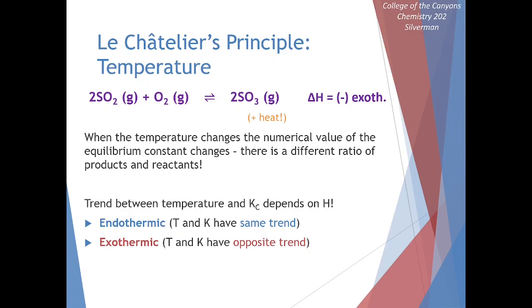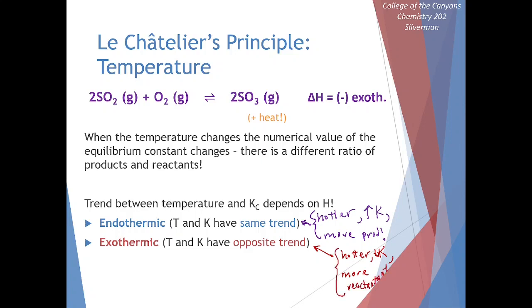Well, for endothermic reactions, if you get hotter, our equilibrium constant is going to be bigger. That means we're going to have more products. If we're talking about exothermic reactions, as they get hotter, our equilibrium constant is going to have a smaller value. That means we're going to have more of our reactants.